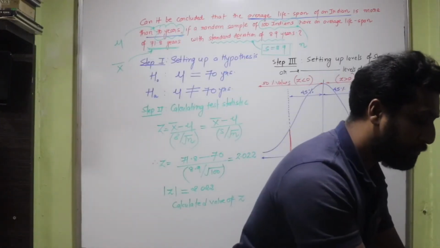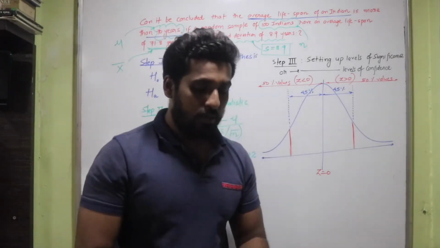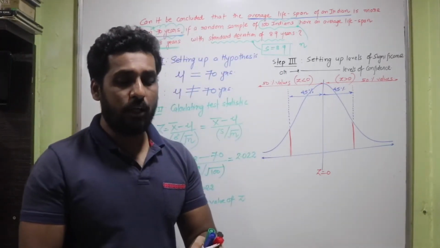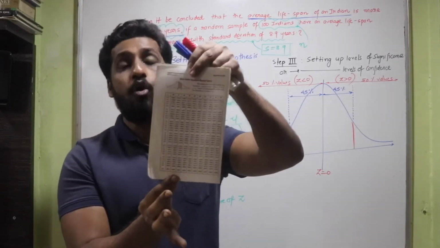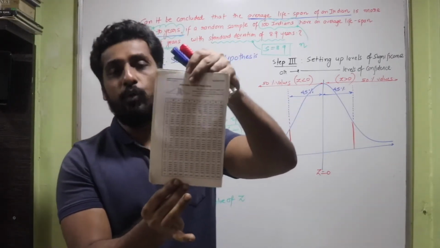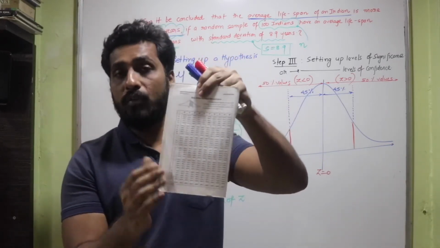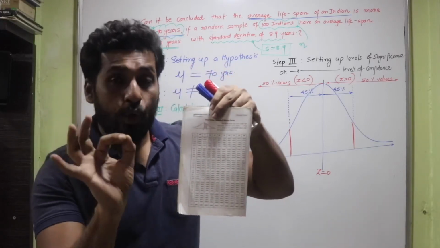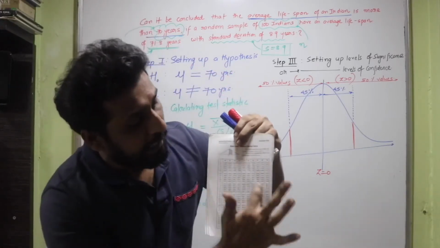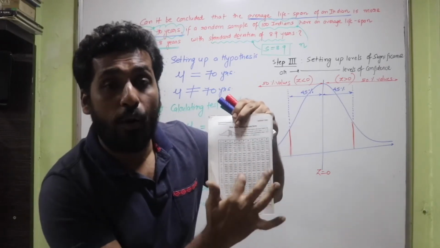So students, the table of the standard normal curve looks like this. I don't know how much of this is visible to you, but you can make an idea of it. You have to go inside this table and find the value of 0.45.